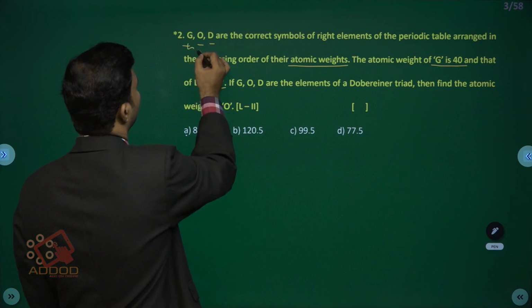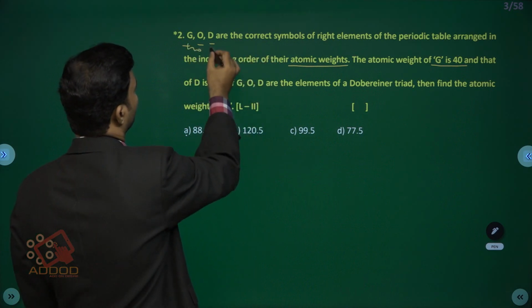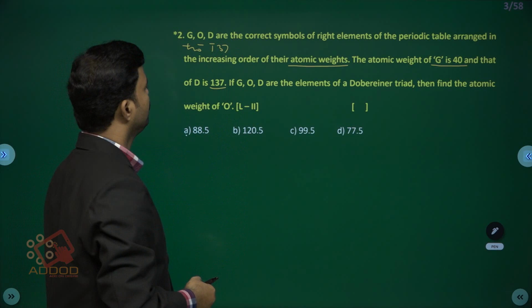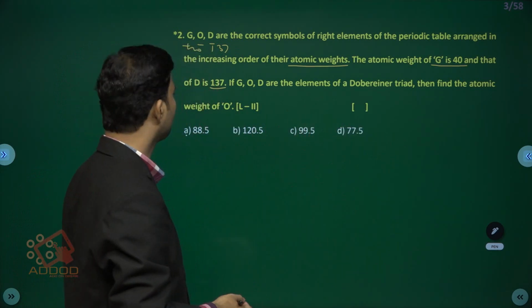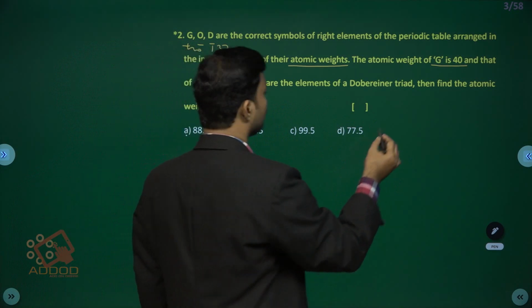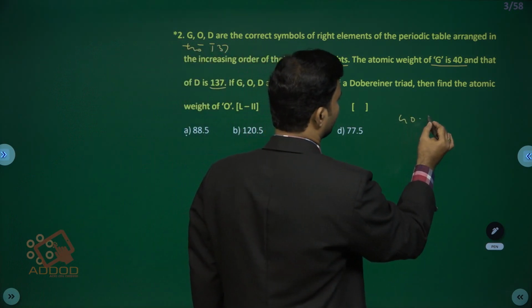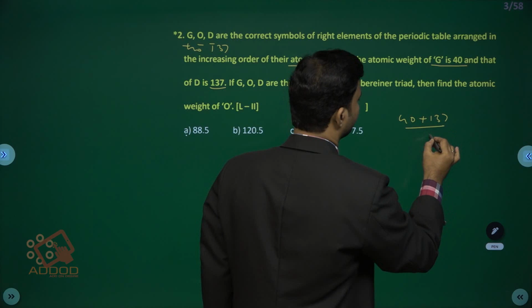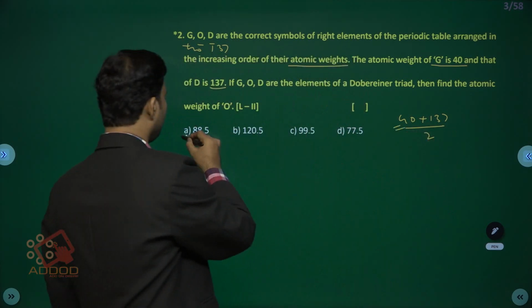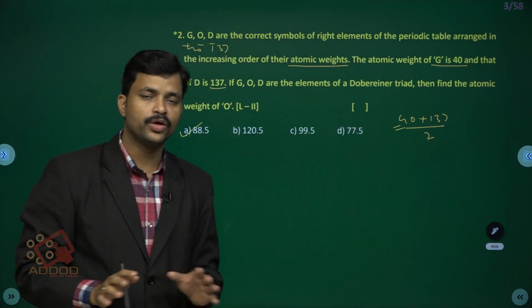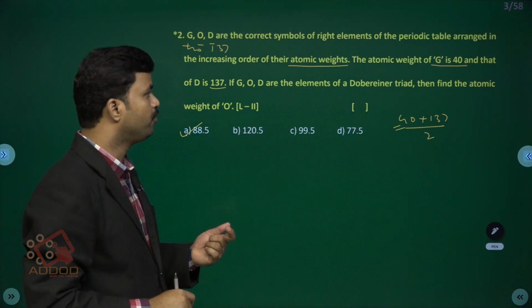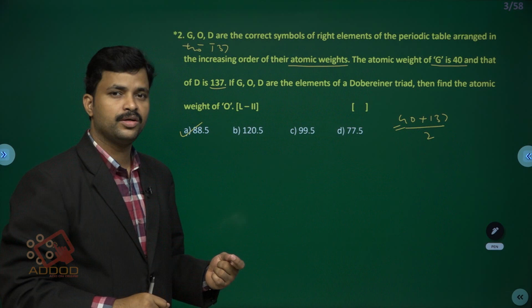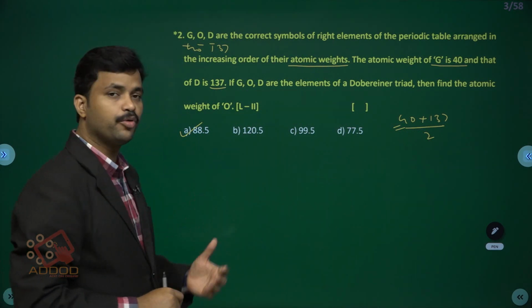If G, O, D are the elements of a Dobereiner triad, find the atomic weight of O according to Dobereiner. That is (40 plus 137) divided by 2. It is a hypothetical question; there are no such elements G, O and D, but the focus is just on the principle. The answer is 88.5.